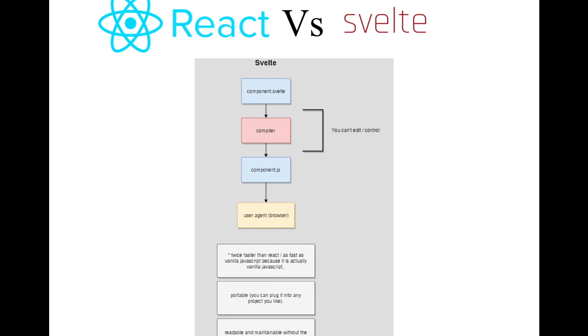On the other hand, on Svelte, you have control over the compiler. You can create your own component and choose your own agent. Svelte is twice as fast as React, way more portable than React or Vue.js. It is also readable and maintainable without the original component file.